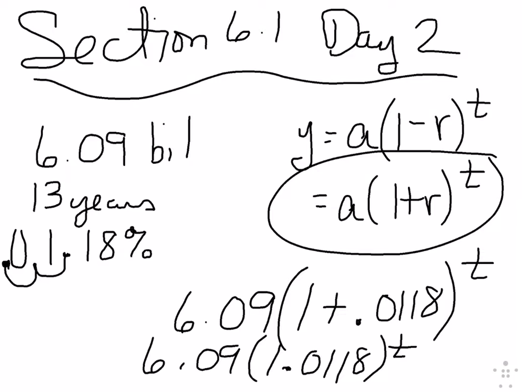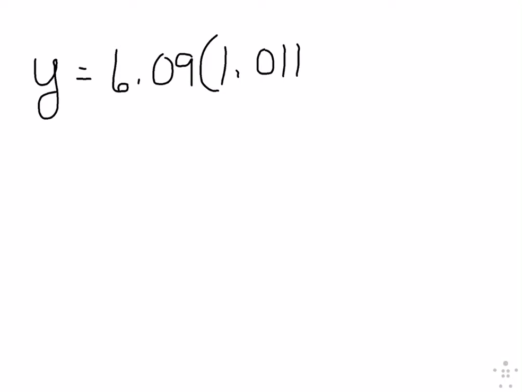So what number are we going to put in for T? 5. So I need a new slide because I'm out of room. So we've got Y equals 6.09 times 1.0118, and then we're going to put a 5 in there for it being 5 years from when you start. Okay? This is nothing more than you put it in your calculator and you'll see what it comes up with. I would probably round to maybe 2 decimal places.